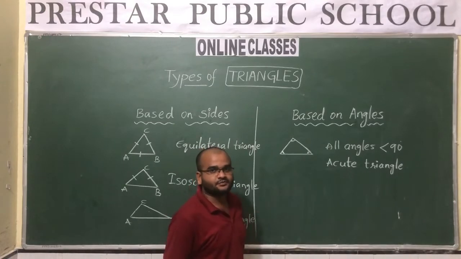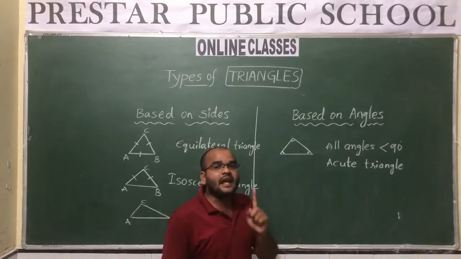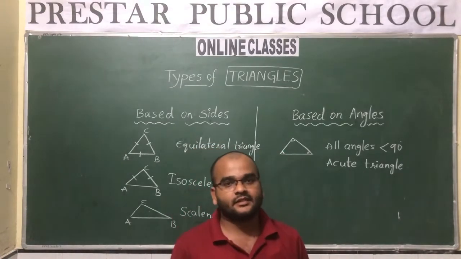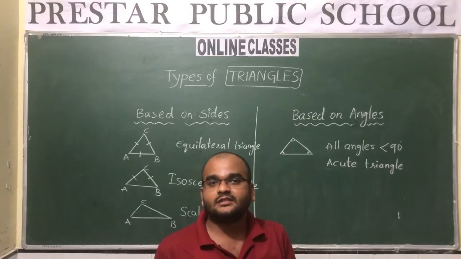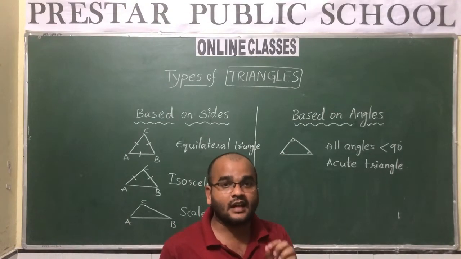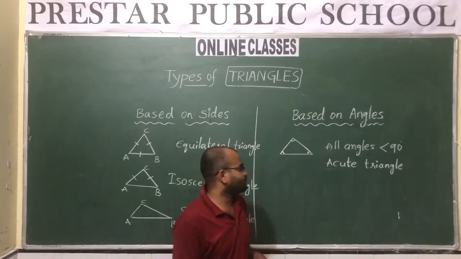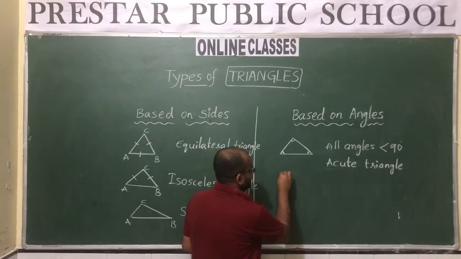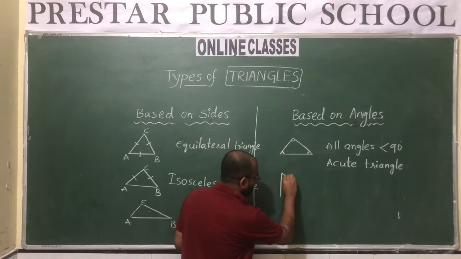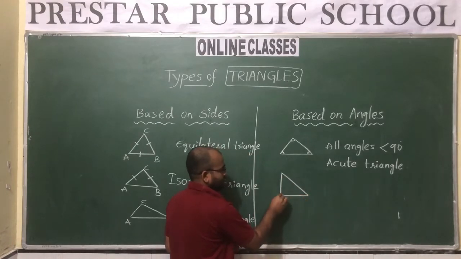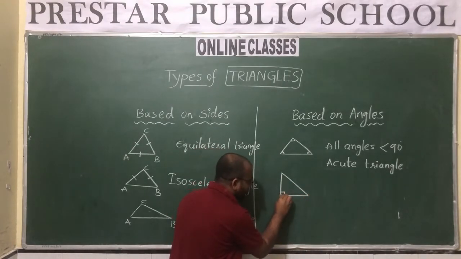Next, second one. If one angle is equal to 90 degrees, then that type of triangle is called a right angle triangle. For example, see here. The right angle means 90 degrees.